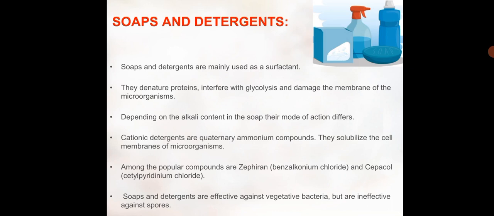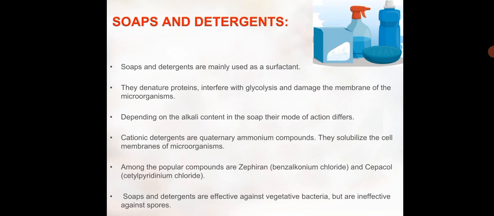Soaps and detergents. Soaps and detergents are mainly used as surfactants. They denature proteins, interfere with glycolysis, and damage the membrane of the microorganisms. Depending on the alkali content in the soap, their mode of action differs. Cationic detergents are quaternary ammonium compounds.